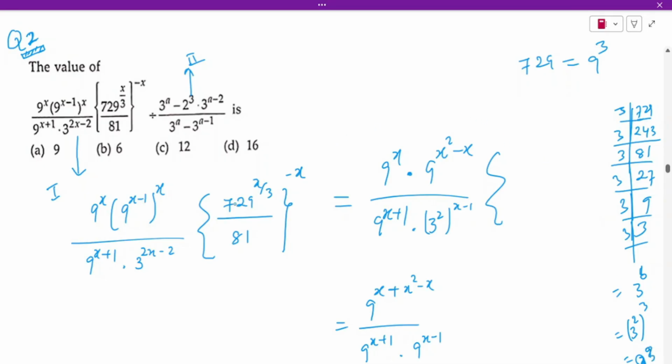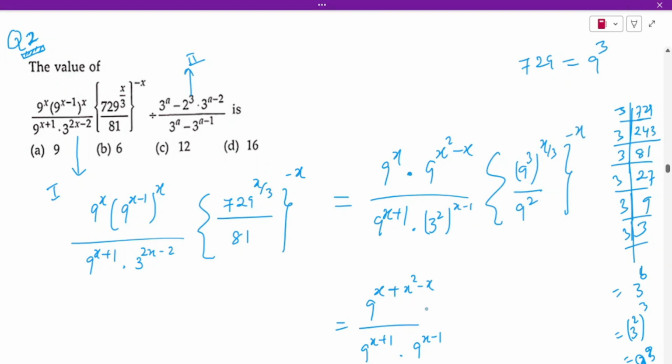So we can write 729 as 9 to the power 3, and in that power we have x by 3, and the base is 81, which is nothing but 9 to the power 2 whole raised to the power of minus x.